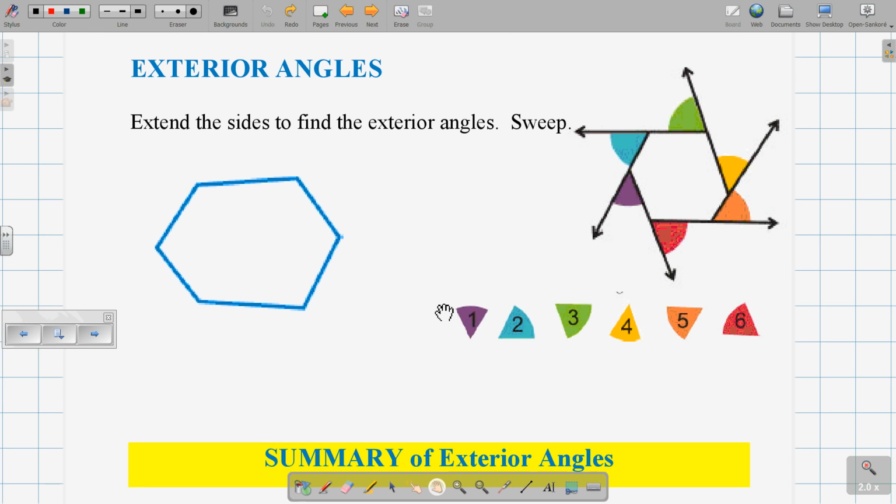Now we're going to talk about exterior angles. I'd like you to just go ahead and trace going this way, walk it all the way around, arrows.